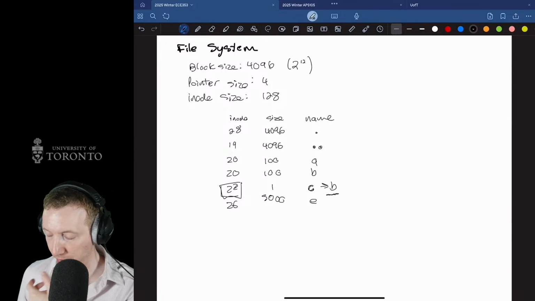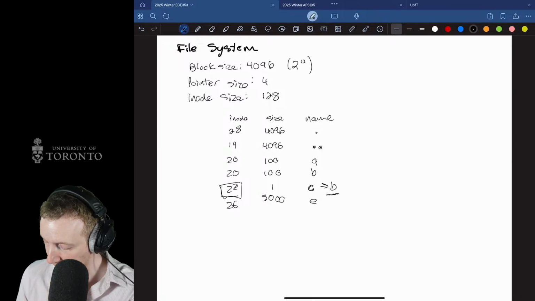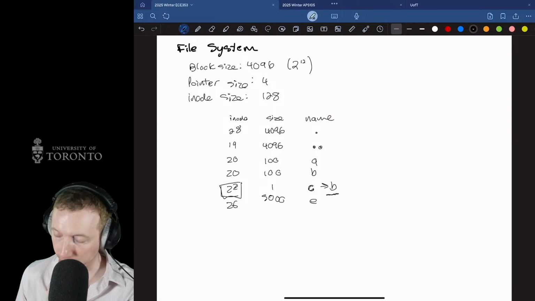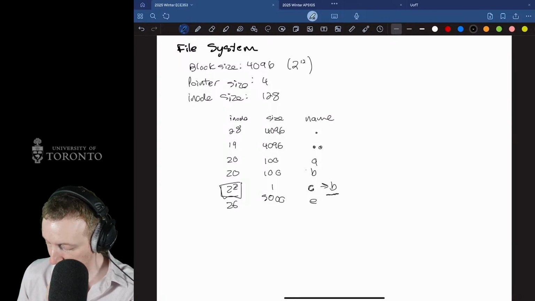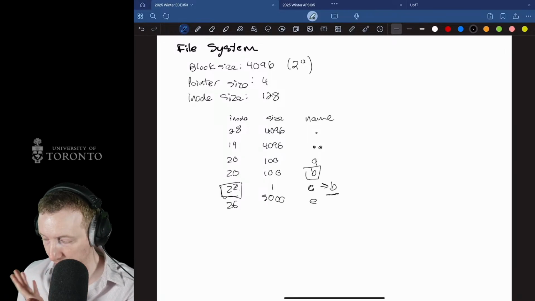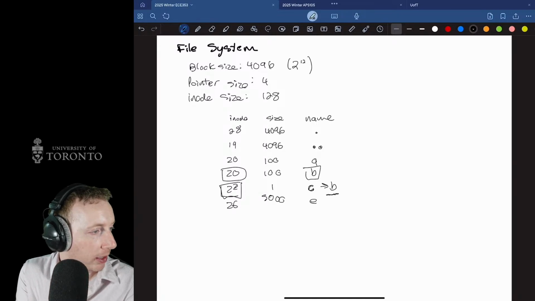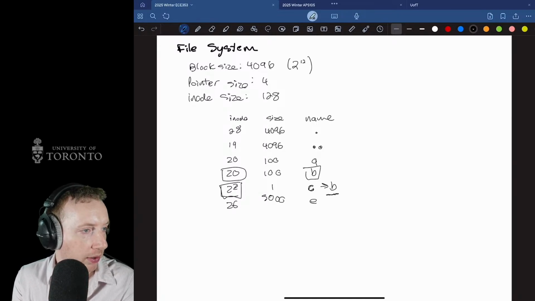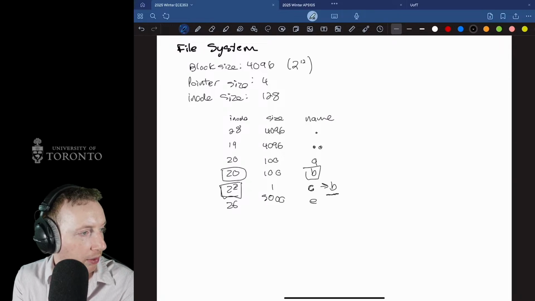You can think of it as name to name for a symbolic link. If we try to access file C, it would direct us to B, and B is a regular file. It's a hard link, so the inode we would modify is 20.